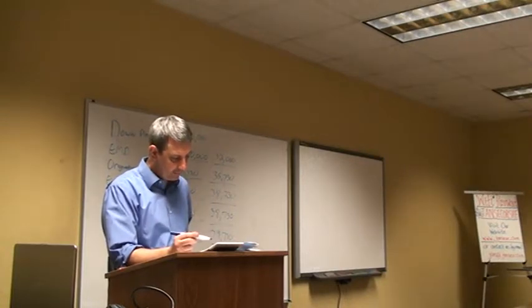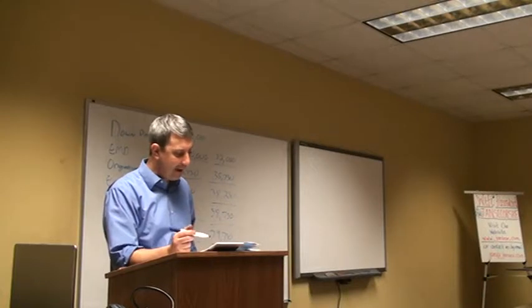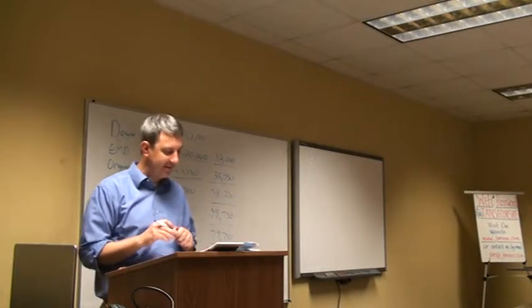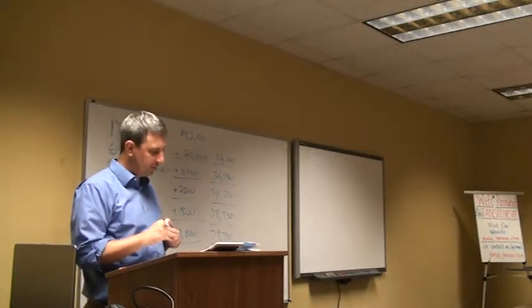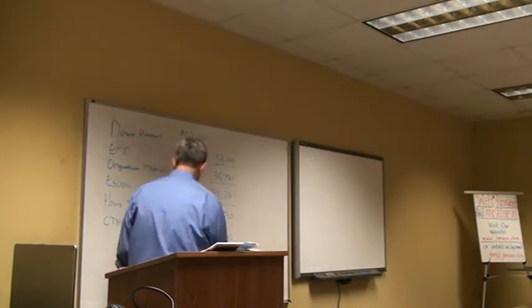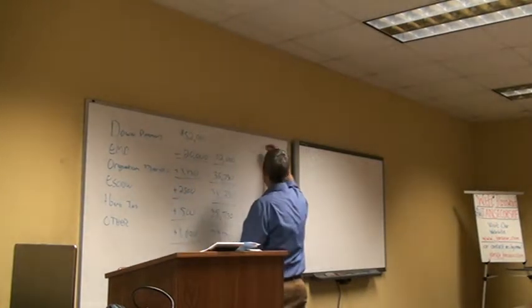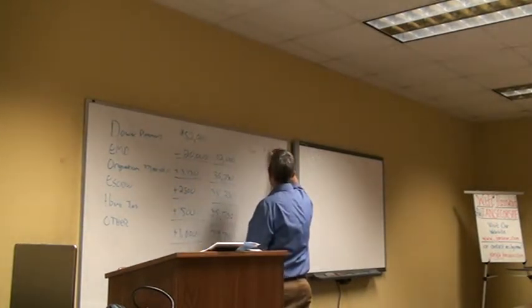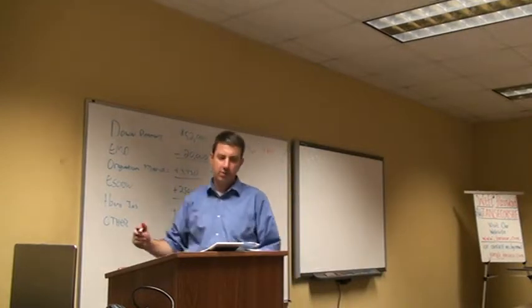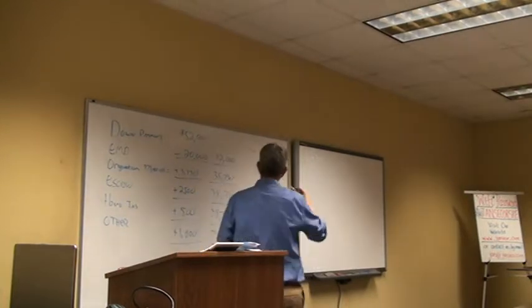Taxes of 4,800 have not been paid, and closing is on 5/7/18. So we've done this before. Let's figure out our taxes. So taxes of 4,800, and I'm closing on 5/7/18.